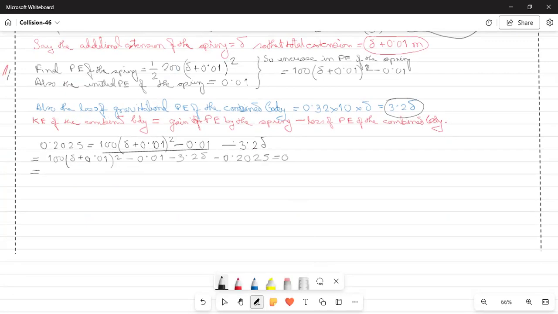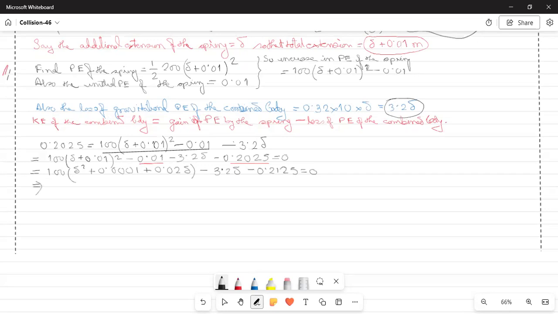From here what do we do? So from here we get 100 into delta square plus 0.0001 plus 0.02 delta minus this square is over, minus 3.2 delta, minus now minus 0.2025 and minus 0.0001, this makes minus 0.2025 is equal to 0.